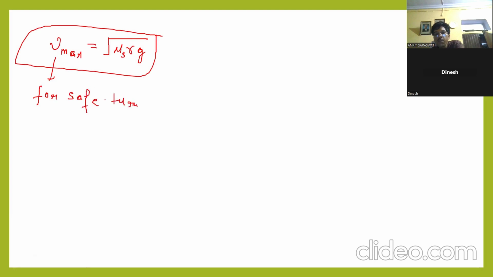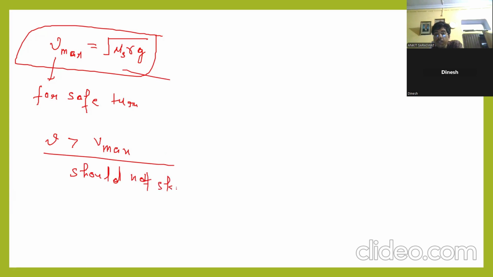Now here, who is supporting you? Friction. Up to this. Let us suppose you are crossing this barrier. You are asking me a question, sir, I want to take a turn with velocity more than this, and my car should not skid. You say increase the radius of the turn. No, no, no. I'm saying not skid.